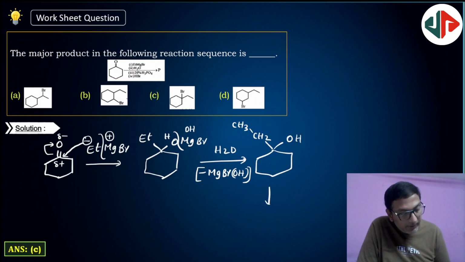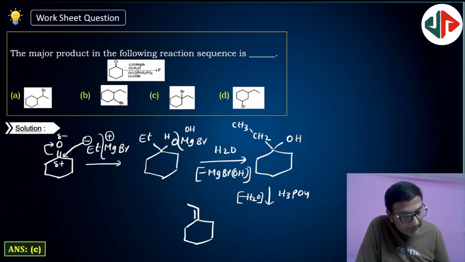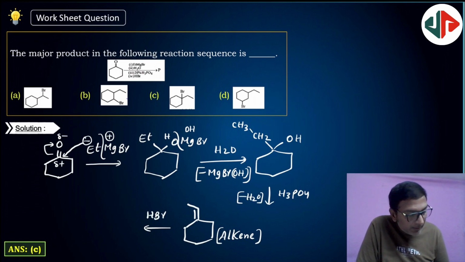Next. After that, H3PO4, which is dehydration, minus H2O. It will form an alkene like this. The major compound is an alkene. Next, which on reaction with HBr, Markovnikov's addition of HBr.